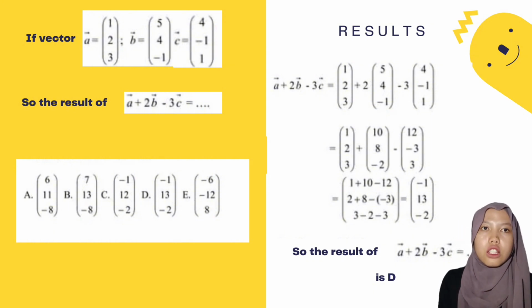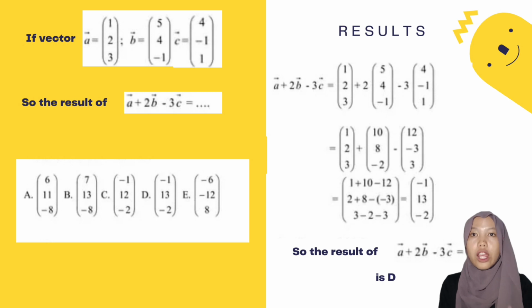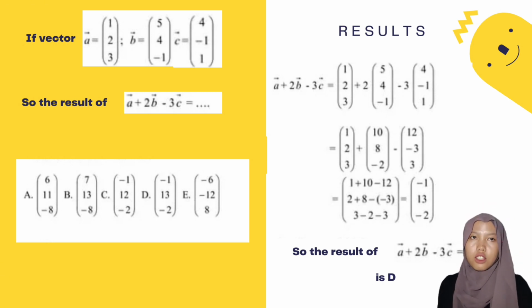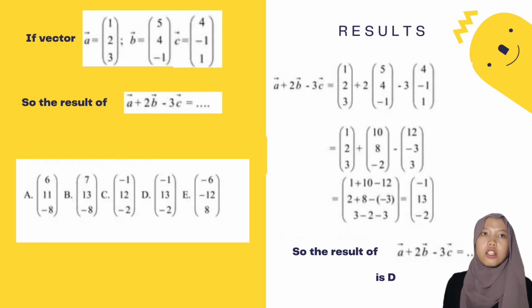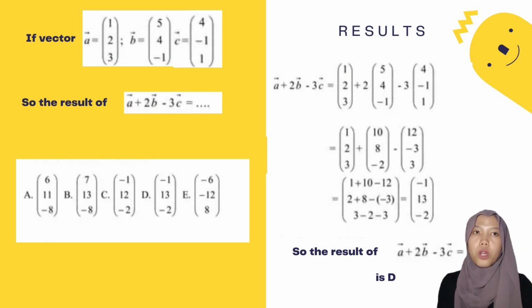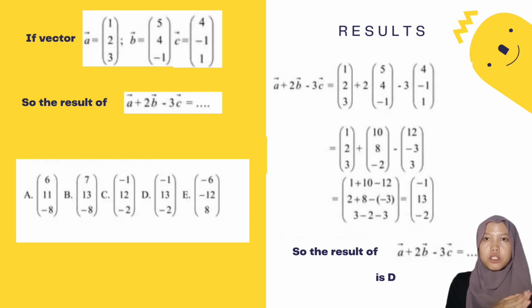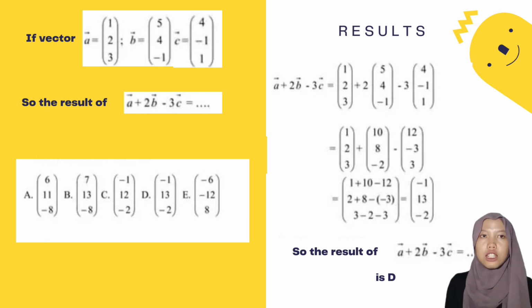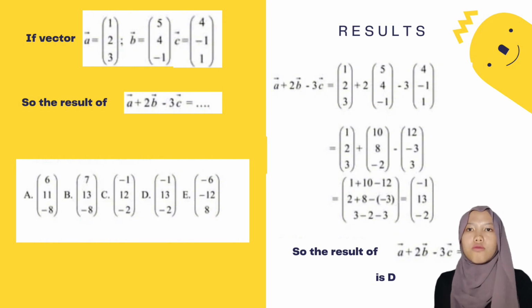The result is (1, 2, 3) plus (10, 8, -2), and (-12, -3, 3). So the result is (-1, 13, -2). So the result of vector a plus 2 vector b minus 3 vector c is d.